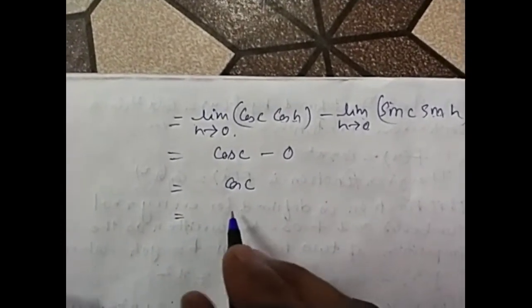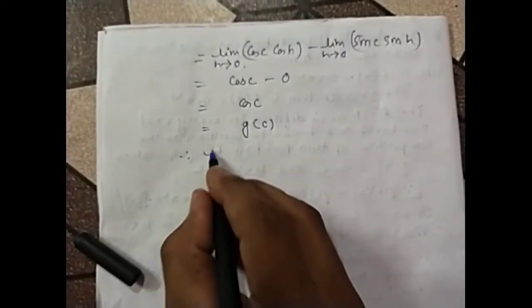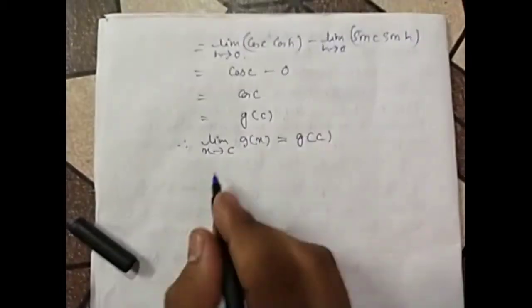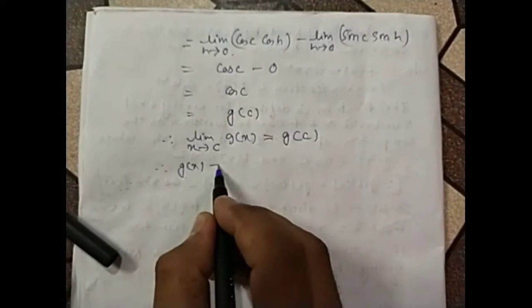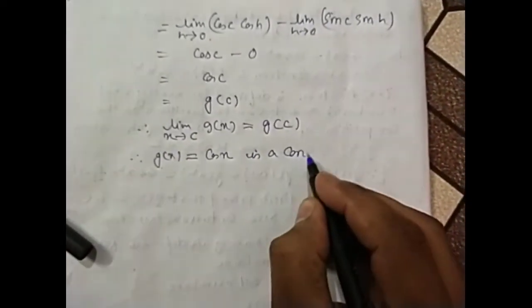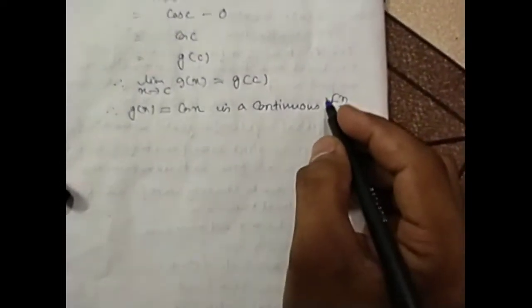This is equal to cos of c, and cos of c is equal to g(c). Therefore limit x tends to c of g(x) is equal to g(c). So this is the definition of continuity. Therefore g(x) equal cos x is a continuous function.